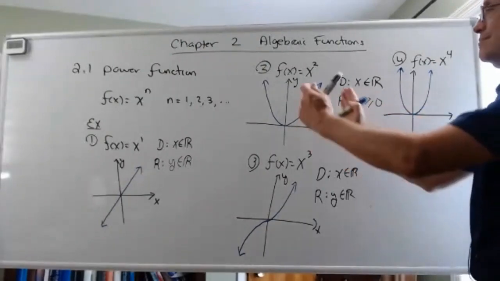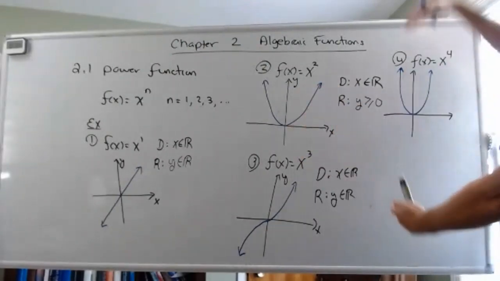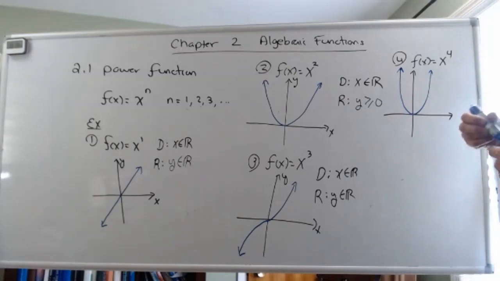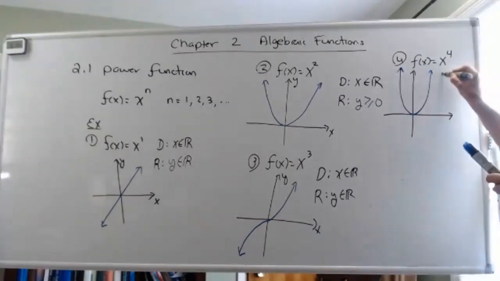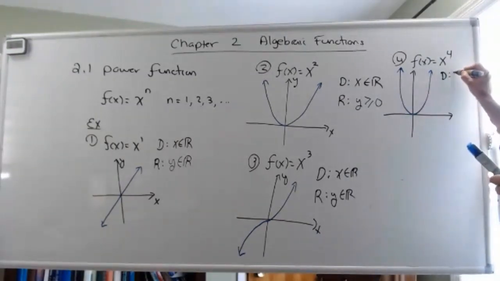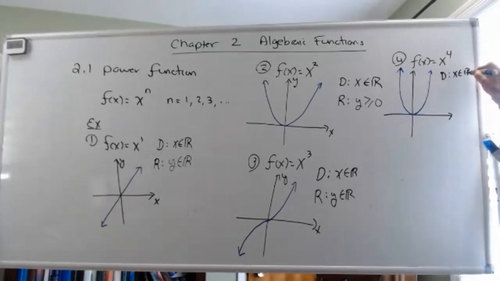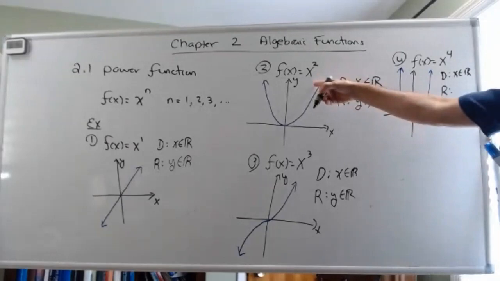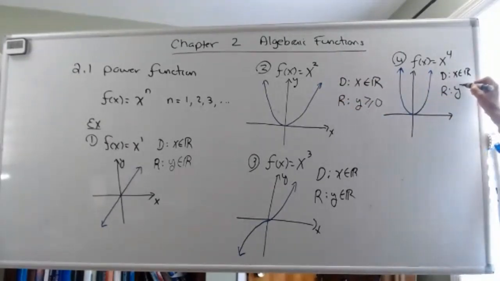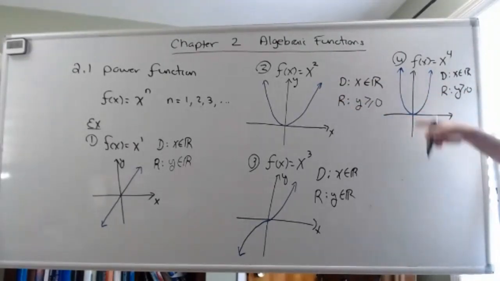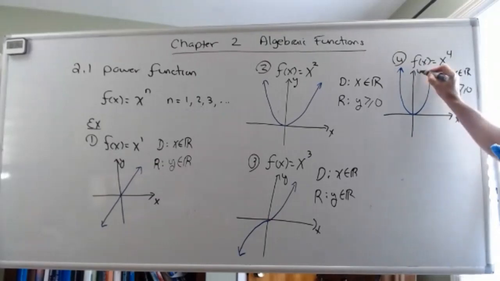Very similar to this, it's just more pulled in and stretches out higher up. Again, like all of these, the domain is any real number for x. The range, however, is restricted. It's very similar to this. So y has to be greater than or equal to 0. This doesn't dip beneath the x-axis.